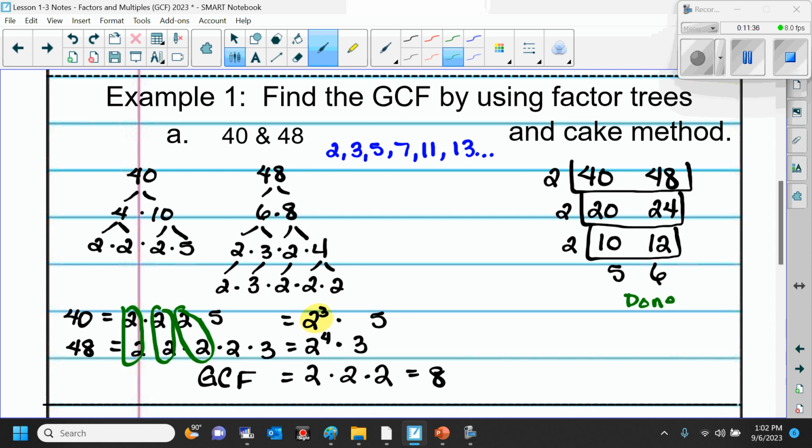To get the prime factorization, or the GCF, look at there it is. That's where we get our GCF. Is everybody clear? So, the GCF is 2 times 2 times 2, which is 2 to the third power, which is 8.